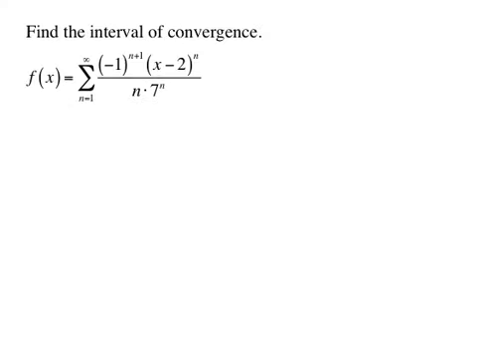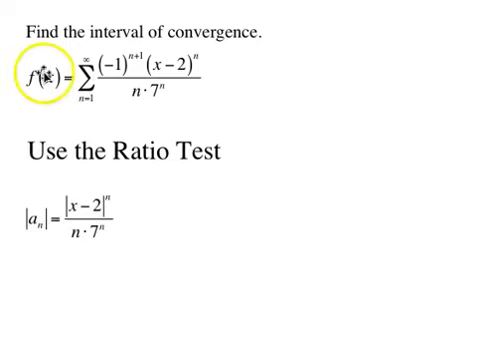The next question is to find the interval of convergence for this, and we're going to need to use a ratio test. So we're going to need absolute value of a sub n, and absolute value of a sub n plus 1, and divide those. So the absolute value of a sub n loses the sign flasher, loses negative 1 to the n plus 1. So we get absolute x minus 2 to the n over n times 7 to the n.